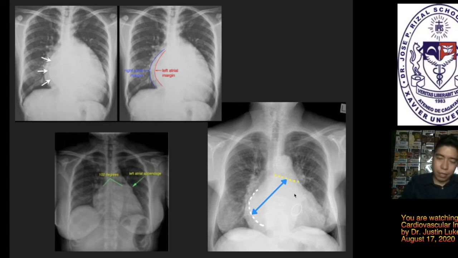That's a prerequisite to measuring this line. And if it's more than 7, that's another sign of left atrial enlargement. So how many signs did we look at? 1, 2, 3, and 4. Those are at least 4 signs on frontal radiograph.